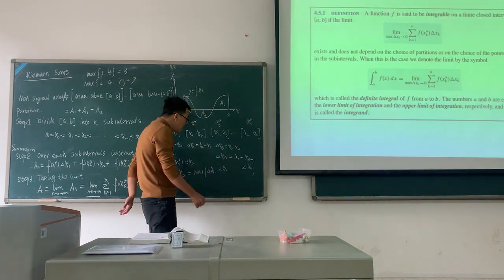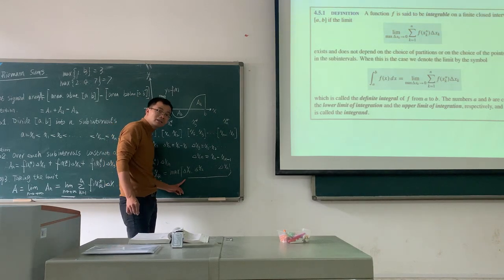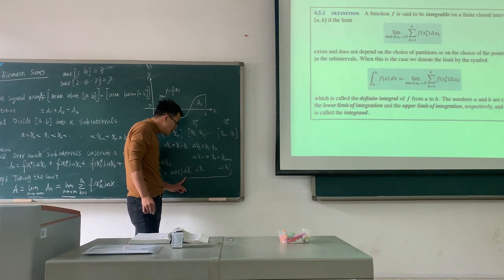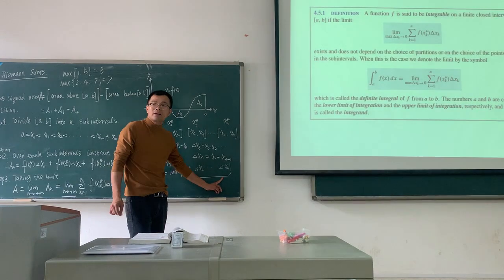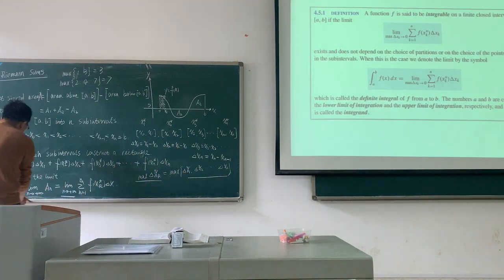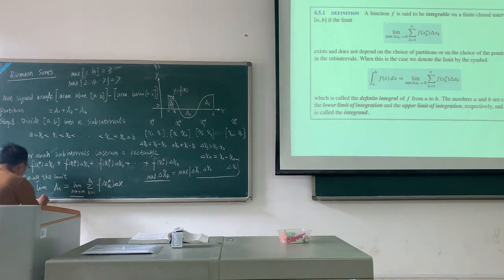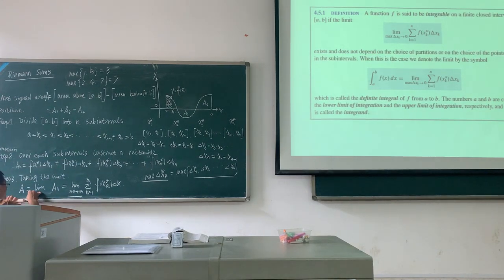So when we take the limit, it is not n approaches plus infinity; the limit is the maximum delta xk approaching 0.